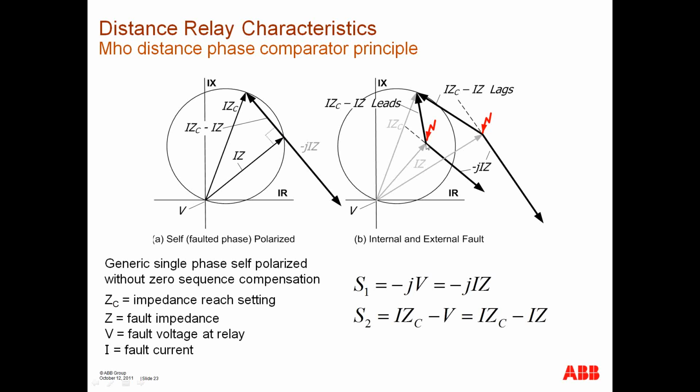But when the fault is within the circle, you can see that the JIZ quantity is leading the polarizing quantity, and therefore you have an operation. When the fault is external to the circle, you can see that this quantity here is lagging this quantity, and therefore you have no operation.